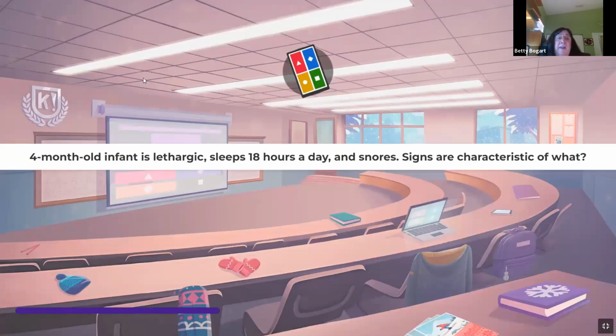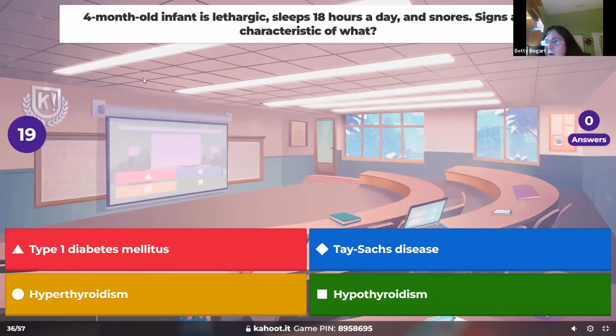A 4-month-old infant is lethargic, sleeps 18 hours a day, and they snore. This is signs of what? Remember I told you about noisy respirations.